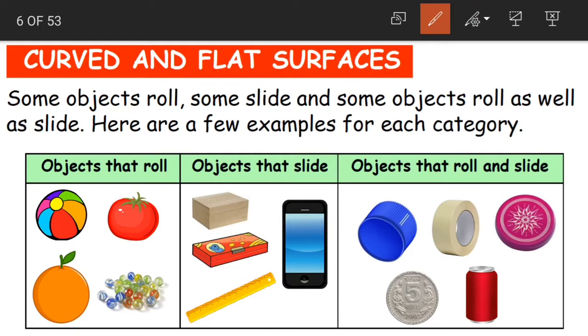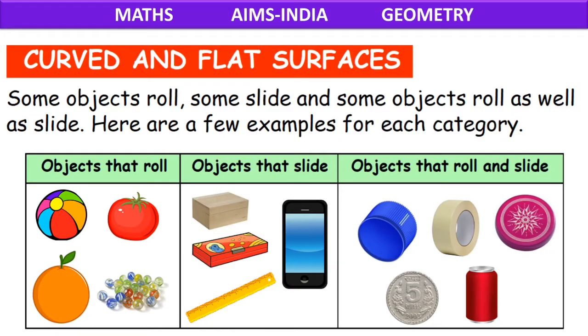We have different types of objects. We have some objects that completely roll, for example a ball, a tomato, an orange, and also some marbles here. When we throw these, the objects tend to roll.